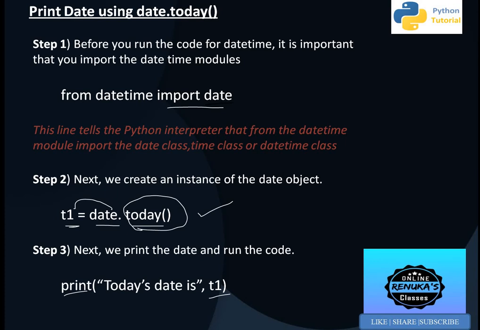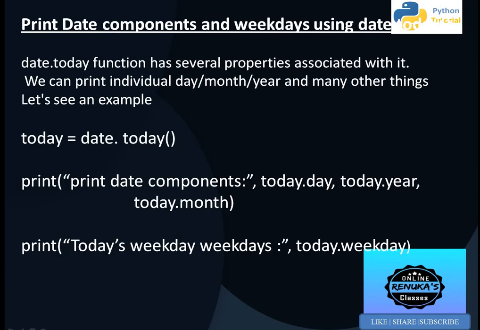This is how dates can be used or manipulated with the help of the datetime module. Next, if you want to print the separate components like day, year and month separately, we use the same method: import datetime, then make an instance like the one we created here called today, and then separate out today.day, today.year and today.month.